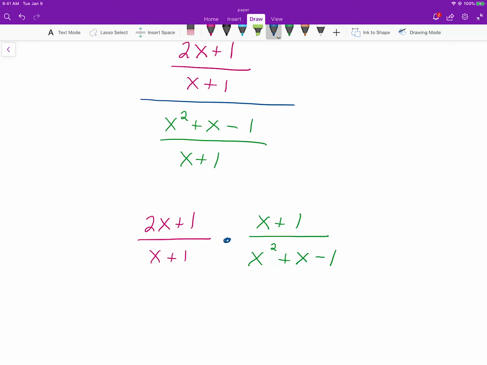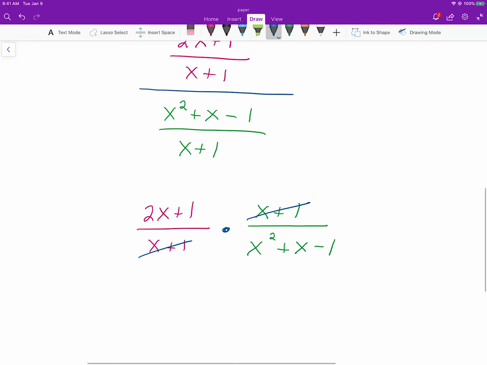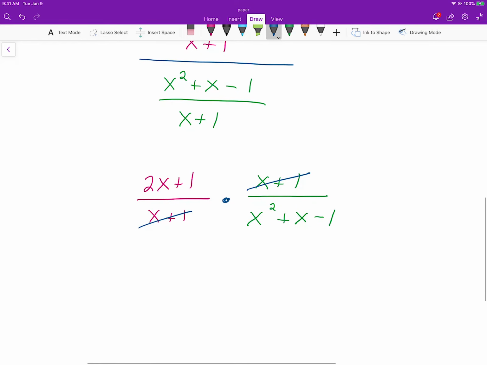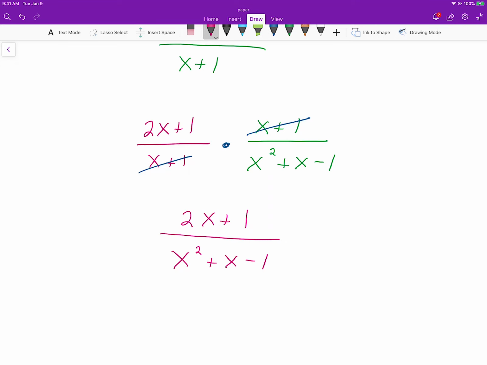And we see that the x plus 1's cancel out. Some of you probably noticed that in the step before, and that's fine. So now we're left with 2x plus 1 all over x squared plus x minus 1. And that does not factor.